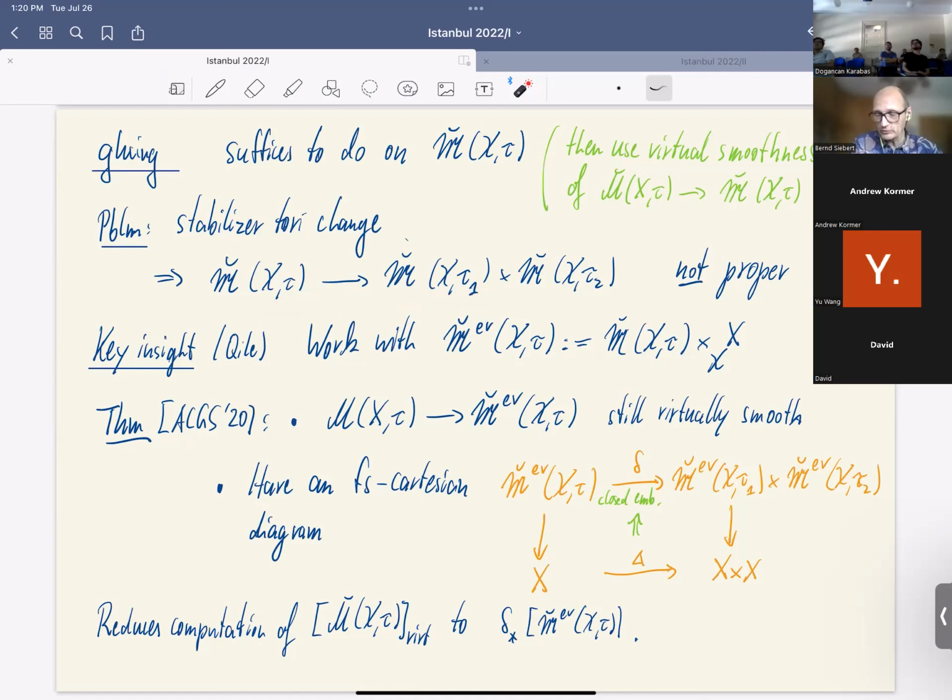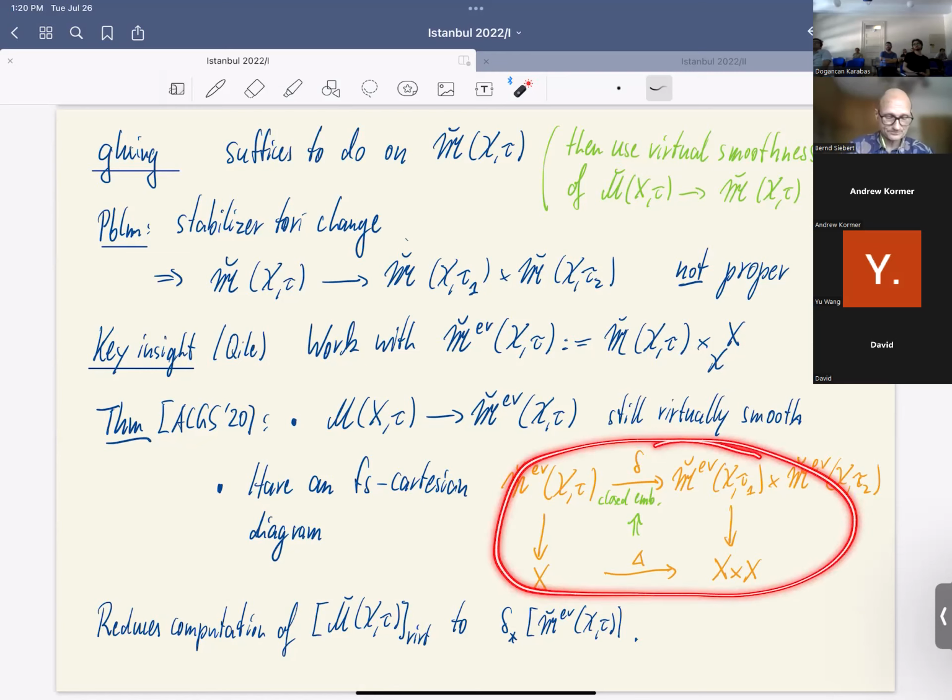Namely, you get rid of the stacky structure at the evaluation point. So that's the fiber product over frac M with the usual X, lifting this kind of Artin fan evaluation point to an honest point on your gluing stratum, and then you have a nice gluing diagram.